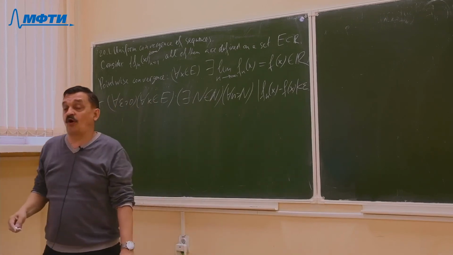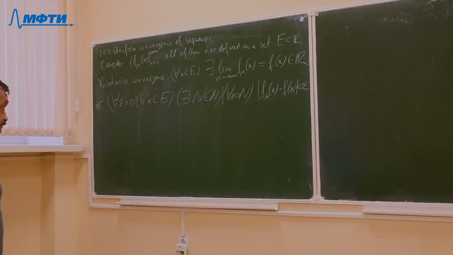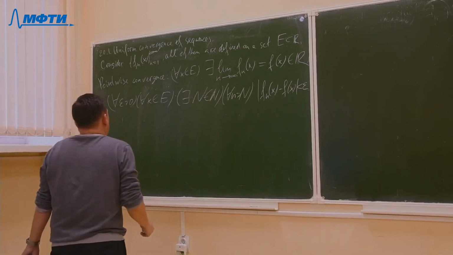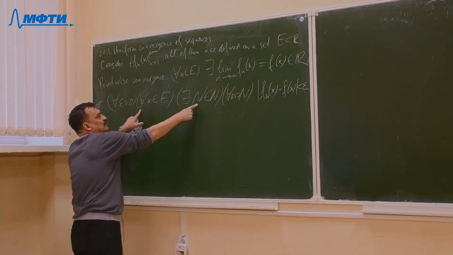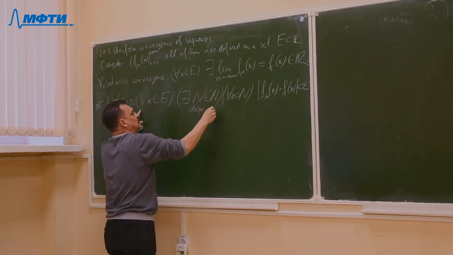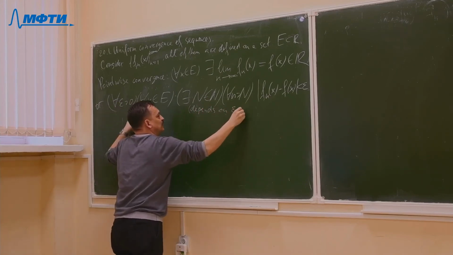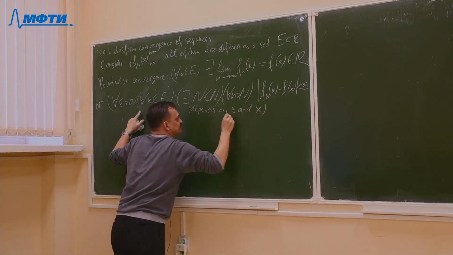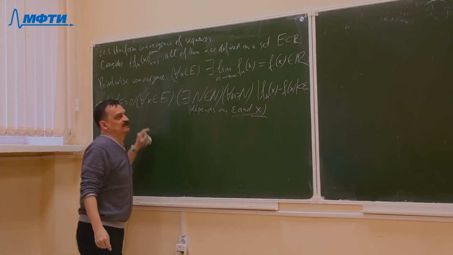That is pointwise convergence. Look, capital N depends on epsilon and x. That is very important. It depends on x.